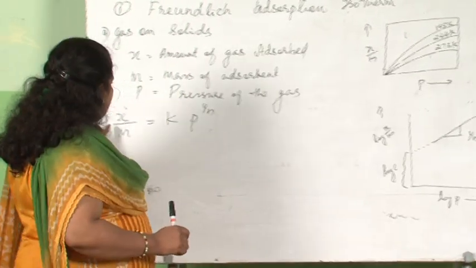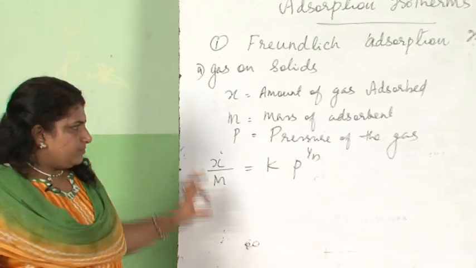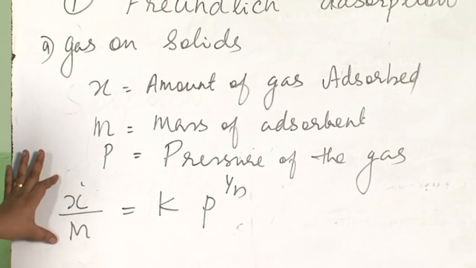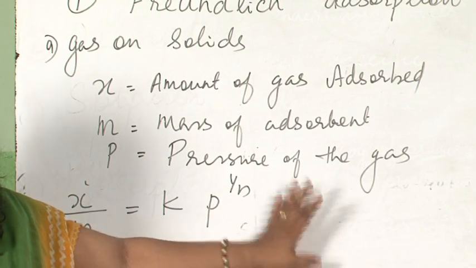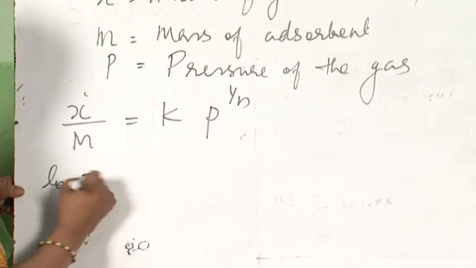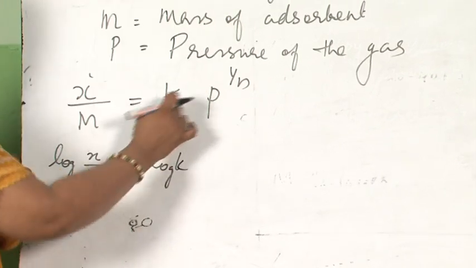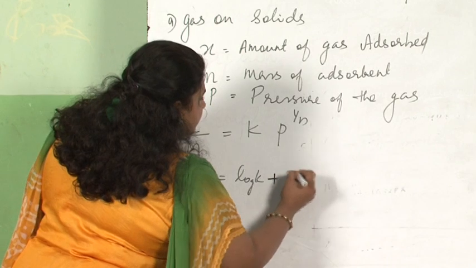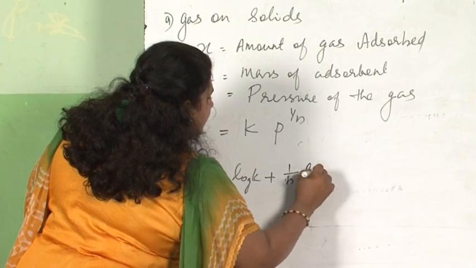Now we come to x by m, the extent of adsorption. Freundlich gave us the adsorption isotherm, a relationship: extent of adsorption x by m is equal to k into p raised to 1 by n. If I take logarithm, I have to write log x by m is equal to log k plus 1 by n log p.